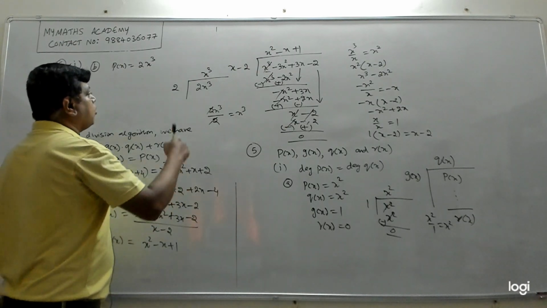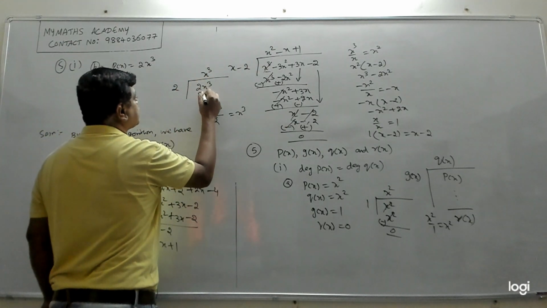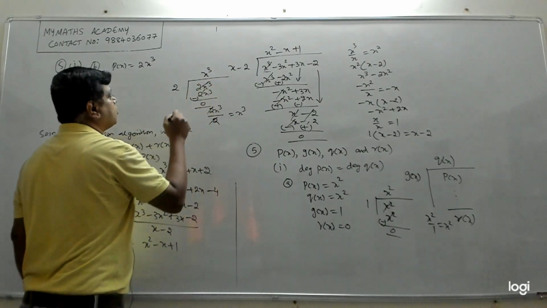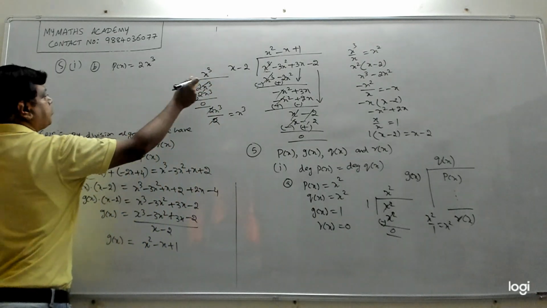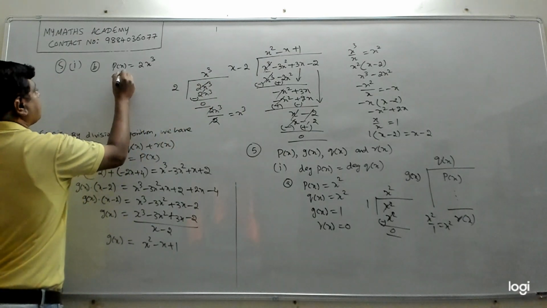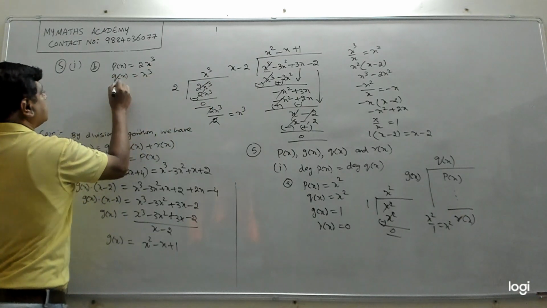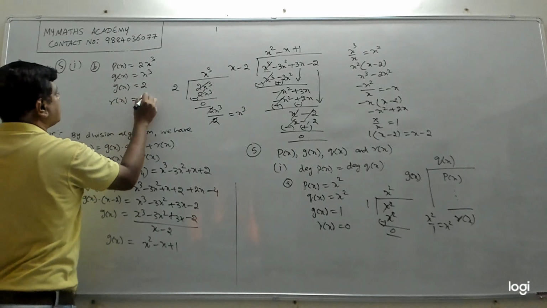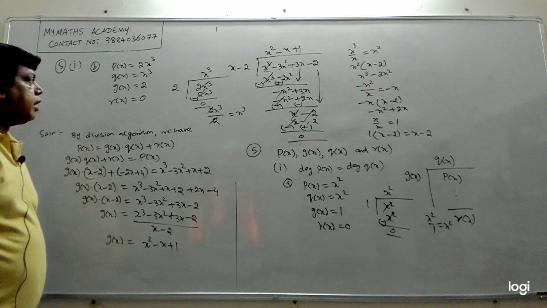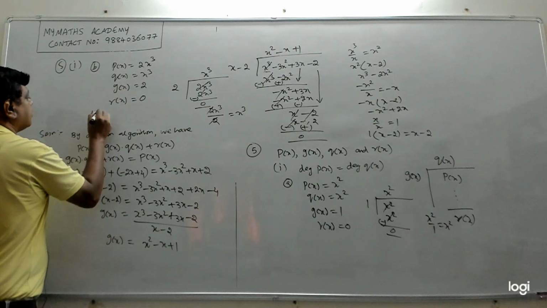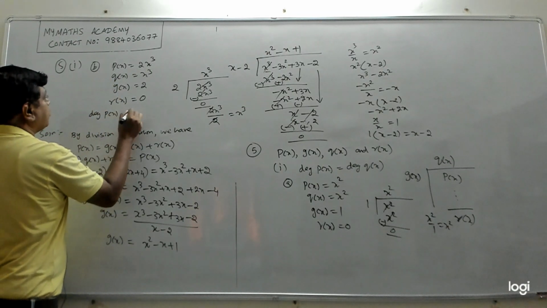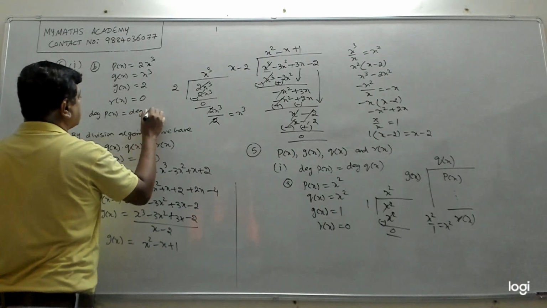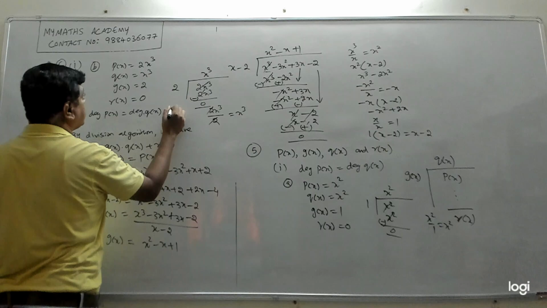Now 2 into x cube is 2x cube. So you will get the remainder as 0. Minus, change the sign, cancel, 0. So the other example is p of x is 2x cube, q of x is x cube, g of x is 2, and my r of x is 0, where degree of p of x is equal to degree of q of x, and both are equal to 3.